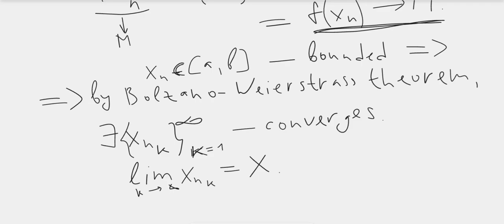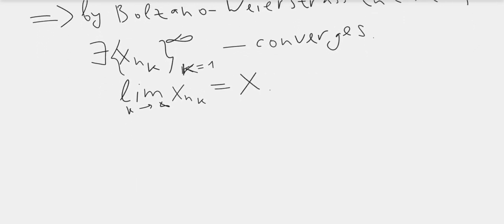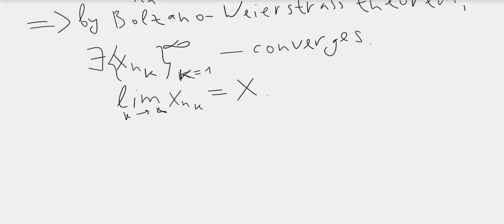Now we observe that f of xnk also converges, because it's a subsequence of a convergent sequence. So f of xn converges, which we established previously, to m.